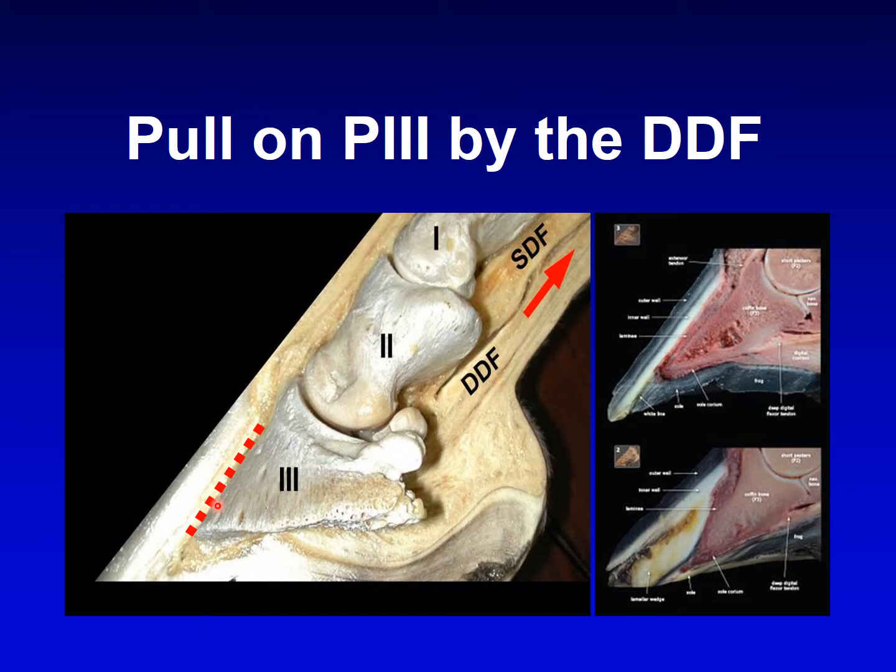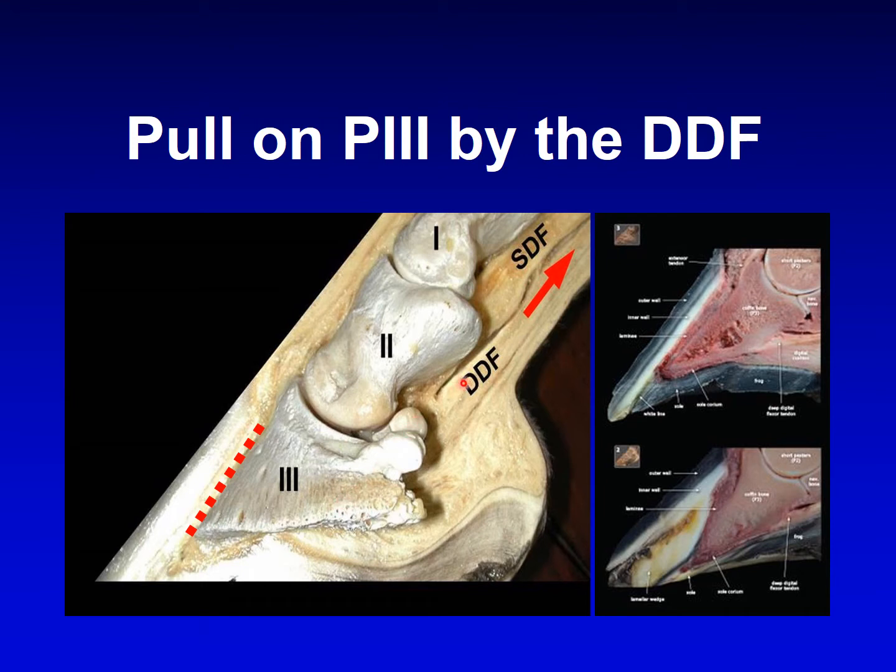We also said that when the case is more advanced, there is a pull by the tendon of the deep digital flexor, a pull on P3, because it's the only tendon that reaches P3 on the palmar aspect.